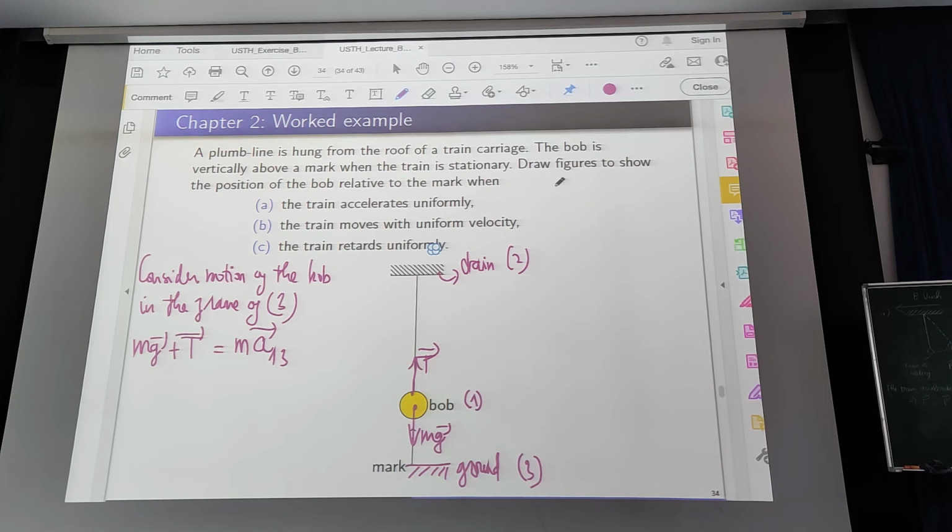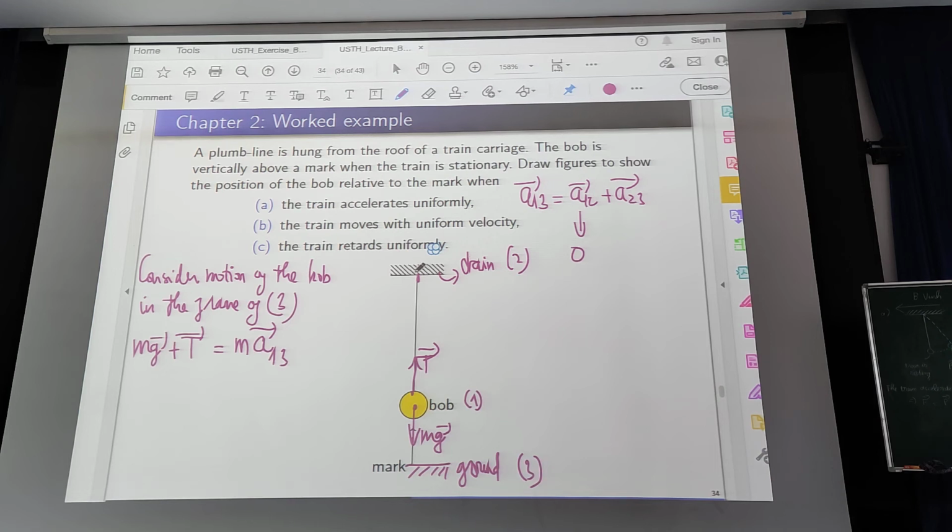So now you think about the relative motion. We have A13 equal to A12 plus A23. So what is A12? The acceleration of the ball with respect to the train. Which value? On the train, how do you see the ball? Stationary. Right, so it is 0. The ball is fixed, stationary on the train.